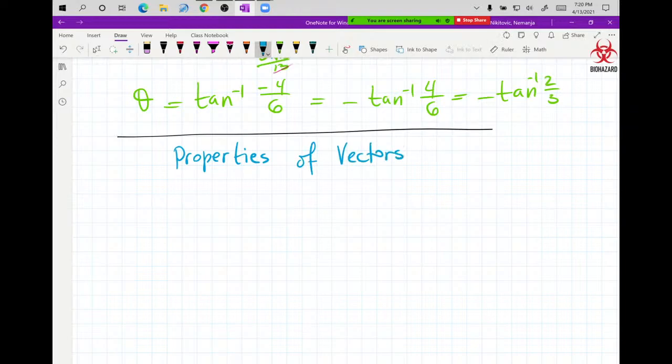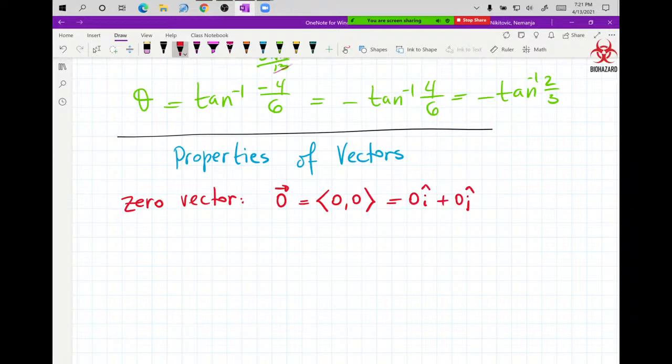And these are mathematical formulas which are true about vectors. Oh, I didn't give you the zero vector, huh? Zero vector is 0 with the arrow on top, and it's just 0, 0, or 0i plus 0j. You can add more dimensions.